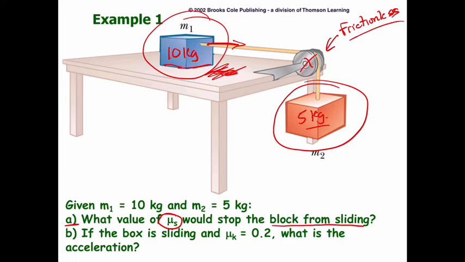And in part B, if the box is sliding and the coefficient of kinetic friction is 0.2, what's the acceleration? So we're going to look at these two parts, A and B, separately. Make sure you understand these. These are what I would consider to be a very classic friction example problem, the sort of thing you would expect to see on a test, or as you go to college.